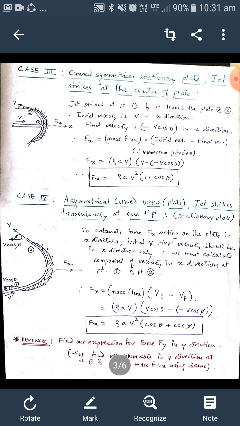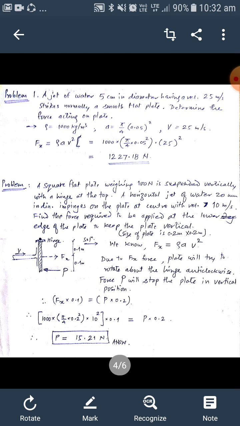Therefore the force becomes rho into a into v in bracket (v cos theta minus of minus v cos phi), and finally it becomes rho a v square (cos theta plus cos phi). So it is very easy to understand that we just have to consider the velocities in the direction of the force to be calculated. Okay, let us see one problem.